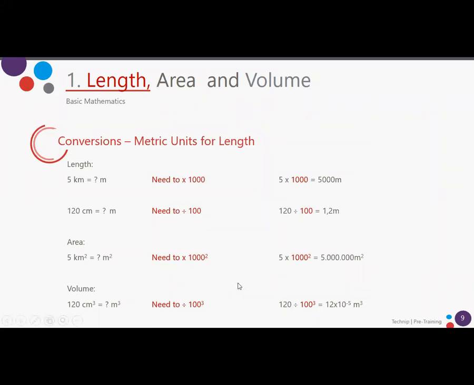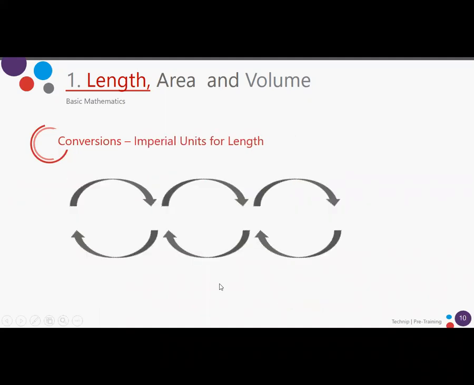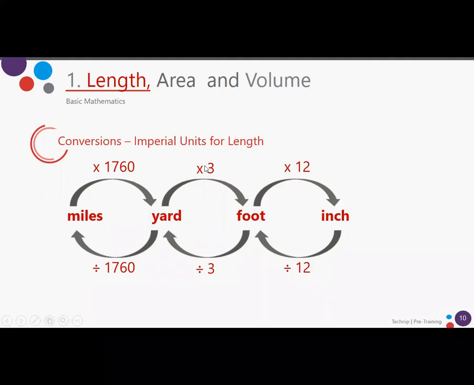So in the next slide we will look at the imperial units, which are a little bit messier. The conversion is not that straightforward. So 1 mile is 1,760 yards. 1 yard is 3 feet, so the conversion factor is 3 multiplied by 1,760 for feet. 1 foot is 12 inches. And of course the other way around, you divide inches by 12 to get feet.